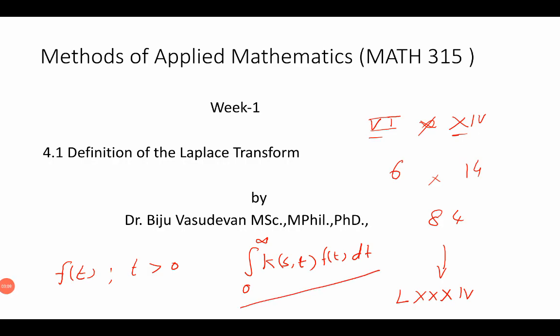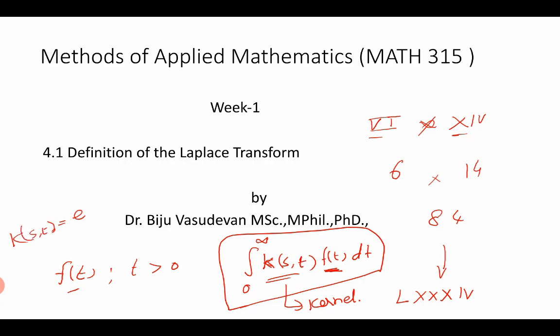This is the general form of an integral transform, and this k is called the kernel of the transform. And if k of s comma t, a function of s and t, is e raised to minus st, this integral transform will be called a Laplace transform.